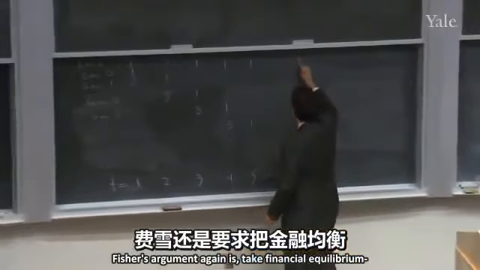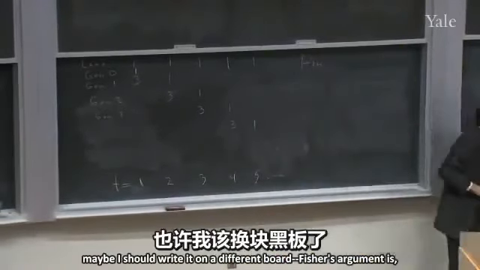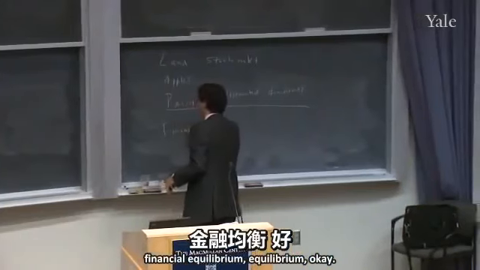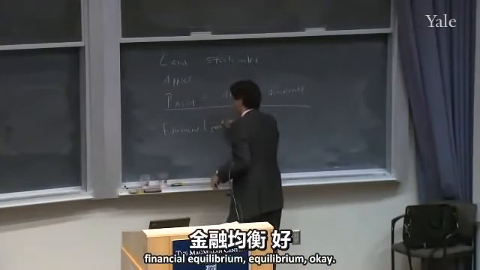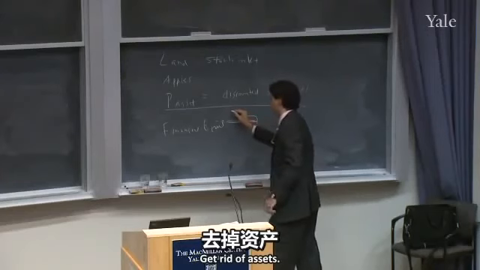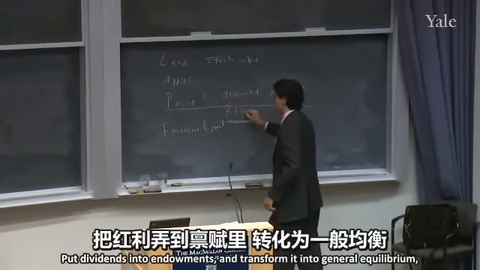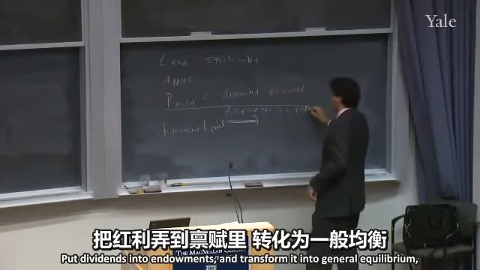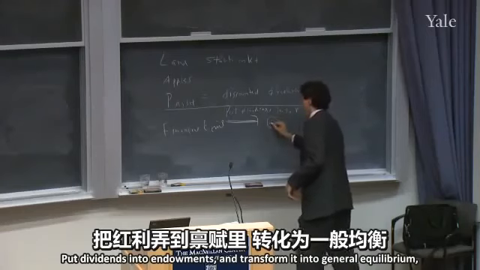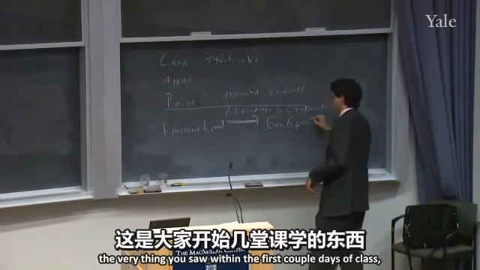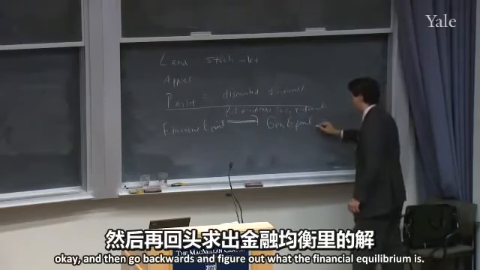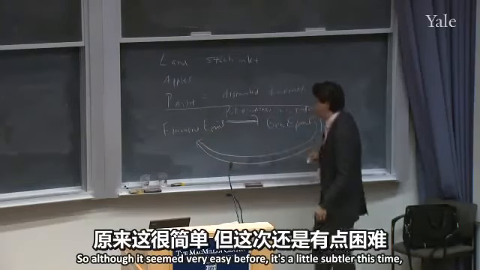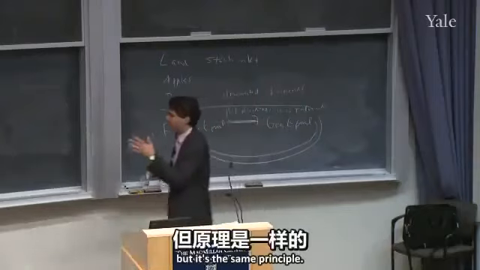Fisher's argument is to take financial equilibrium, get rid of assets, put dividends into endowments, and transform it into general equilibrium, the very thing you solved in the first couple days of class, and then go backwards and figure out what the financial equilibrium is. So, although it seemed very easy before, it's a little subtler this time, but it's the same principle.